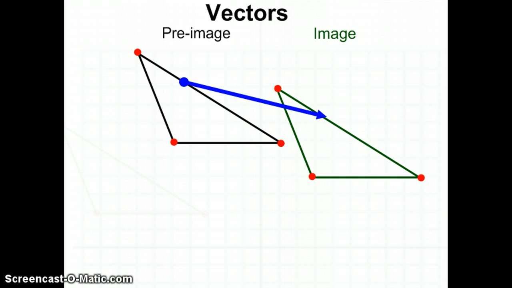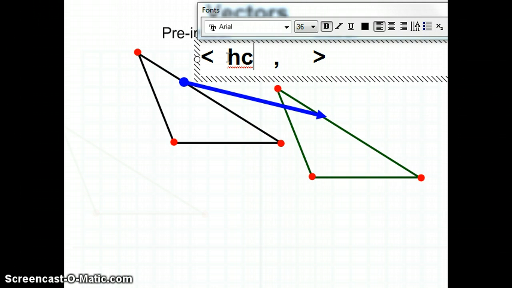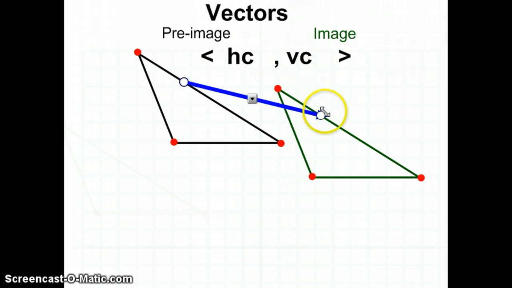Well, a vector is denoted using this notation: left bracket, horizontal component, vertical component, right bracket. Now, what is a horizontal component? Well, the horizontal component is the horizontal distance between the initial point and the terminal point.